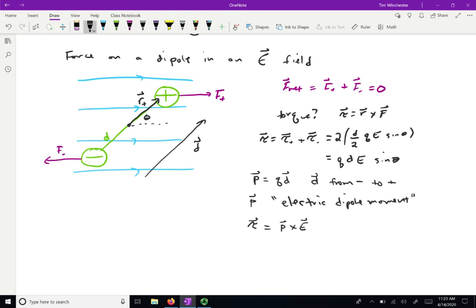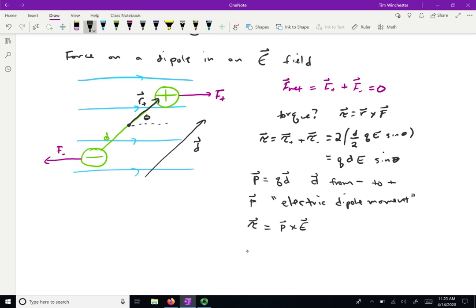Interestingly, and I'm not going to derive this, there's also some energy associated with twisting the dipole away from the direction it wants to be oriented. So if you imagine a dipole that's aligned with the electric field has the lowest energy, and as you crank it away from the direction of the electric field, it's going to want to snap back into alignment. So you're basically adding energy as if you were stretching a spring.